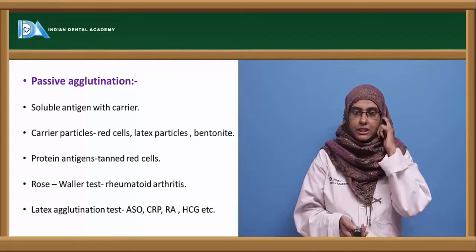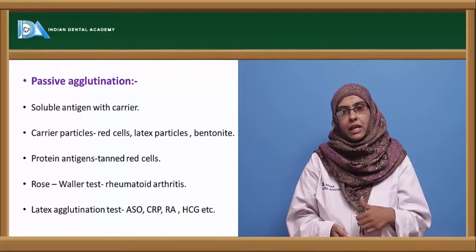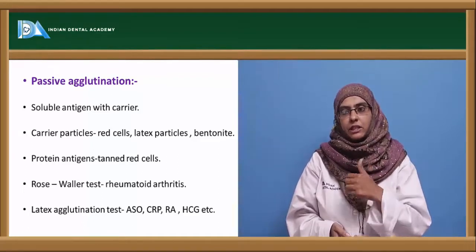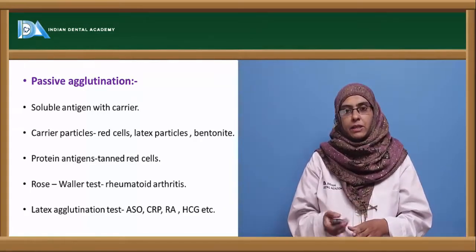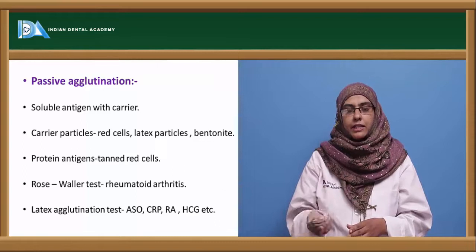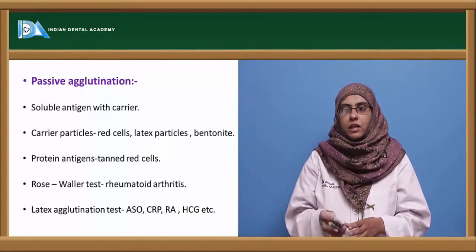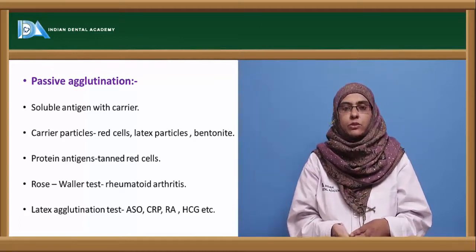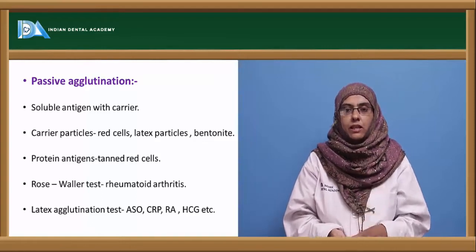Polysaccharide antigens can be used directly, whereas for identifying protein antigens, they have to be mixed with tanned red cells. The best example of identifying the antigen or antibody in a passive agglutination reaction is the Rose-Waaler test. Here the Rose-Waaler test is mostly used to identify the RA factor, which is usually involved in rheumatoid arthritis.